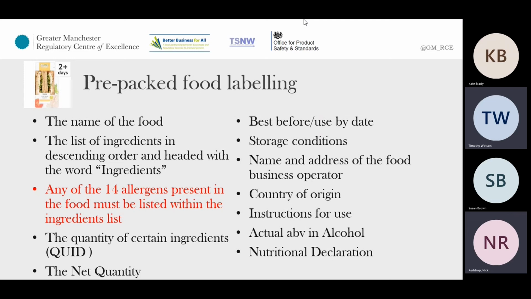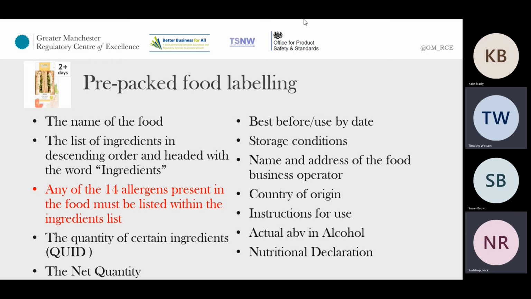And this requirement applies where the ingredient is included in the name of the food, or usually associated with that food, or could be an ingredient which is emphasized on the packaging in words, pictures, or graphics, or it could be an ingredient which is essential to characterize the food and distinguish it from similar products.